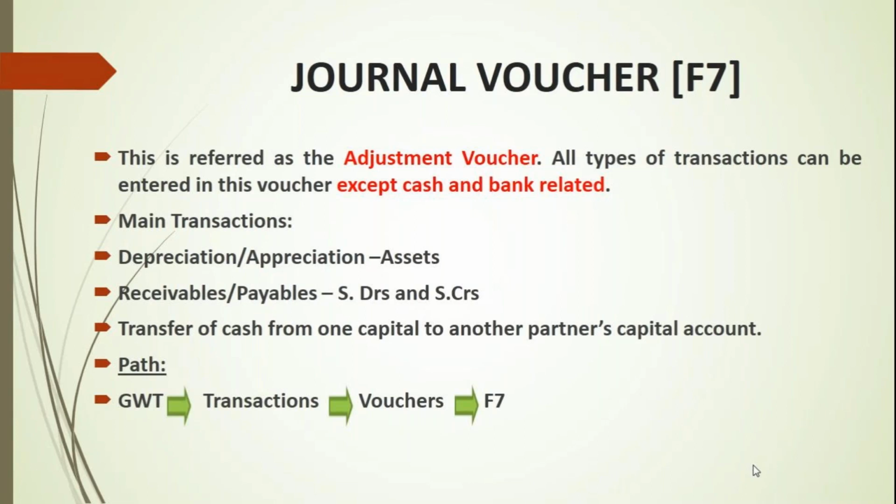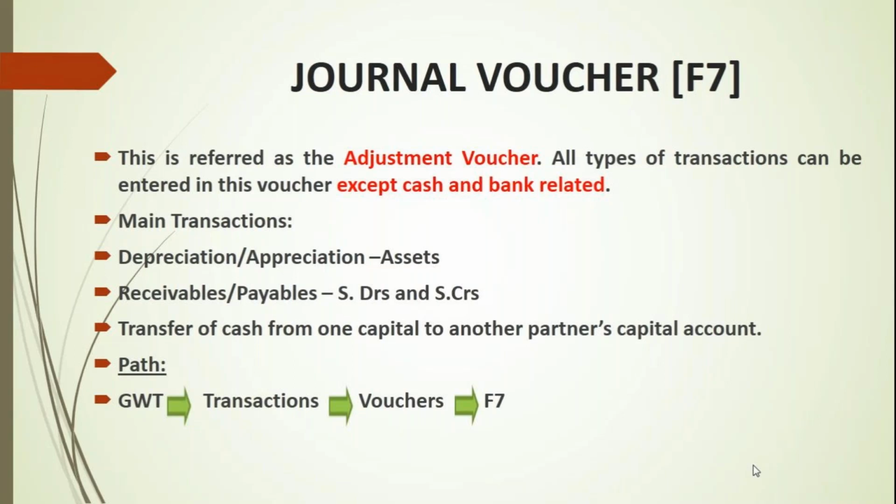I can say in one shot that those transactions which don't have any cash or bank aspect find a place in the journal voucher. So the journal voucher is referred to as the adjustment voucher. All types of transactions can be entered in this voucher except cash and bank related.